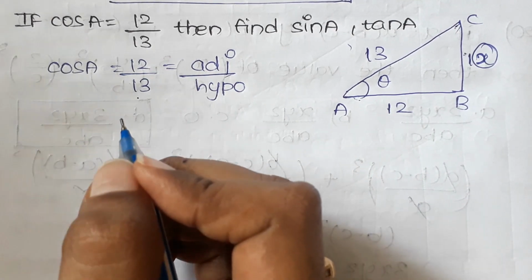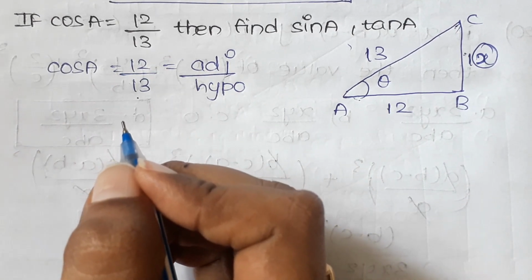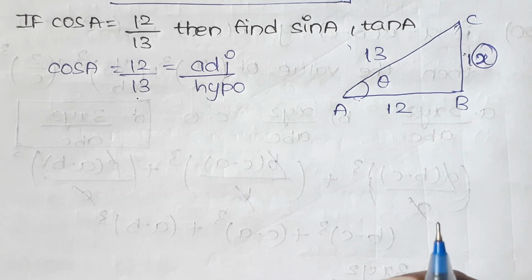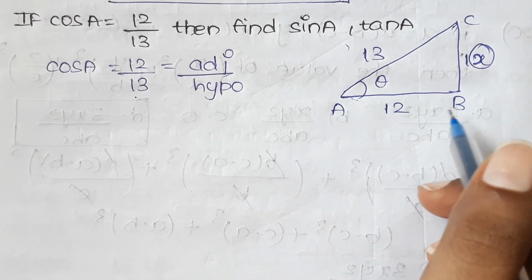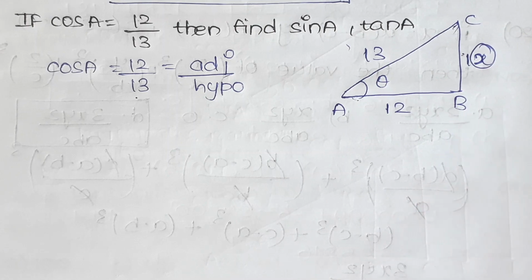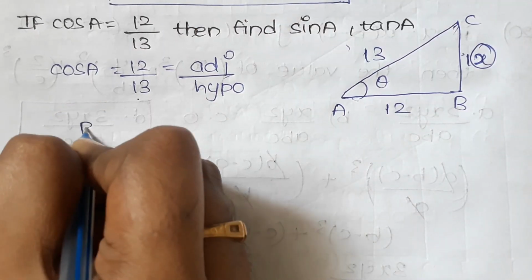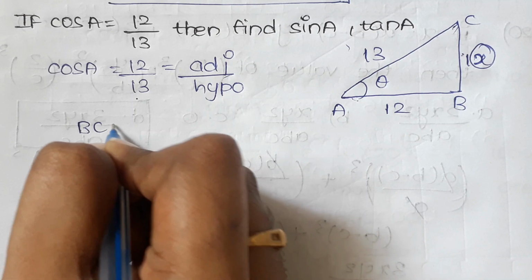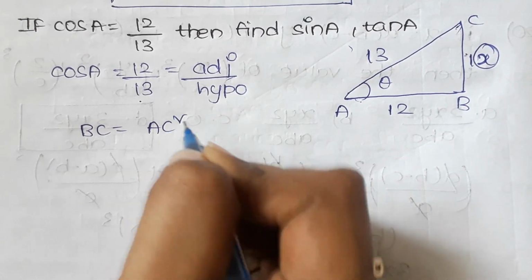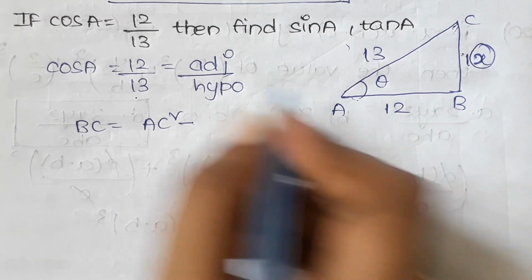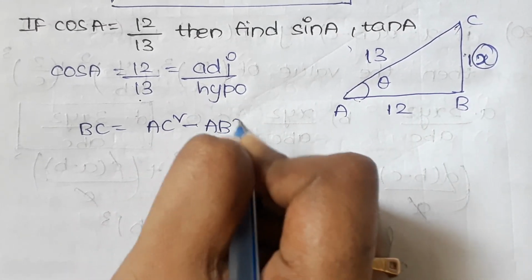Here we know the Pythagoras theorem formula: hypotenuse square equals side square plus side square. Now we should find the side, that is BC. BC equals square root of AC square minus AB square.